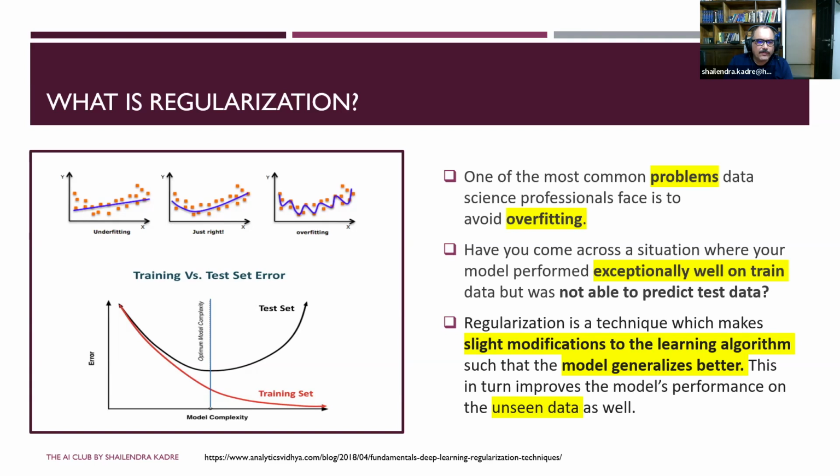Now when we plot model complexity against error, meaning the total error given by the model, we see that as our model becomes more and more complex, the training accuracy will go on increasing, but beyond a point the testing accuracy will deviate from the training accuracy, as you can see from the plot in the second half of that box on the left-hand side.